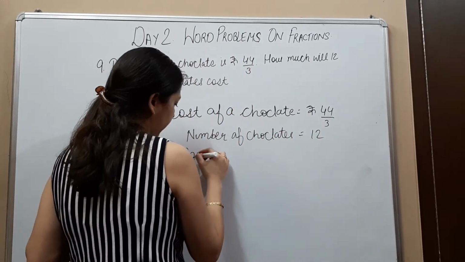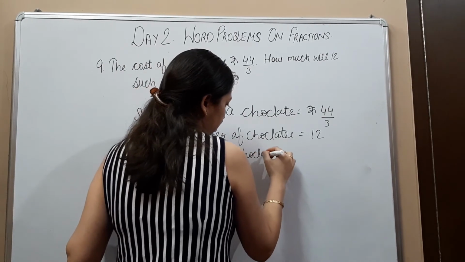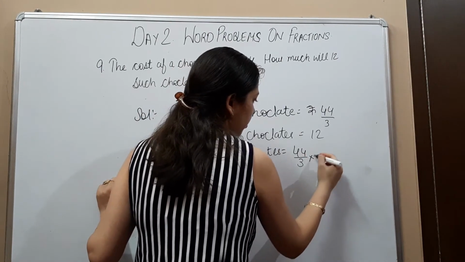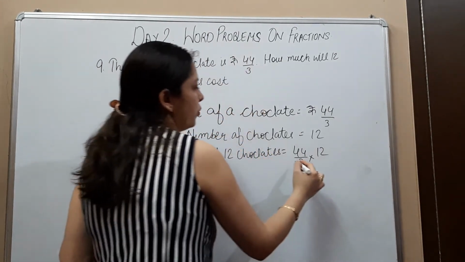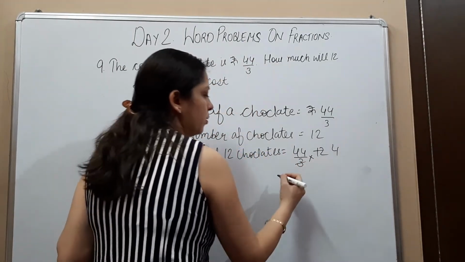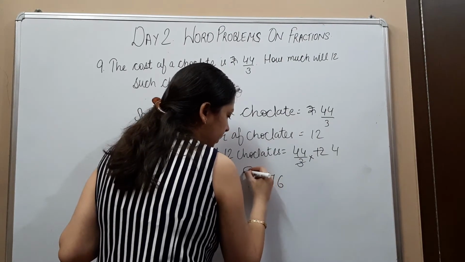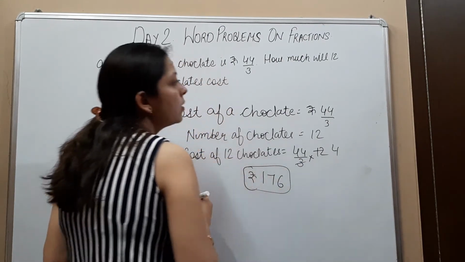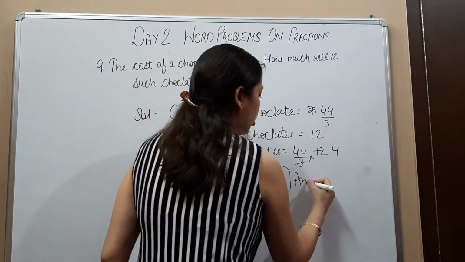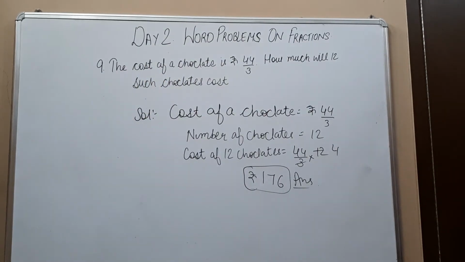So cost of 12 chocolates is 44 by 3 times 12. You can simplify here. So 176 is the cost of 12 chocolates. This is the answer of this question. I hope you get this question.